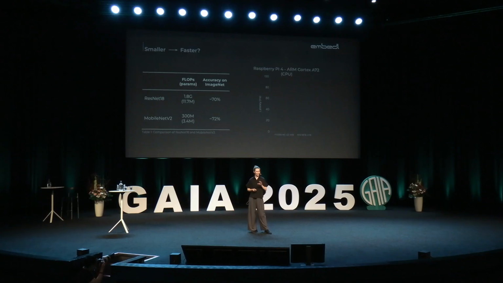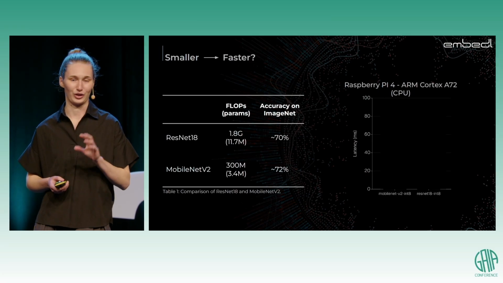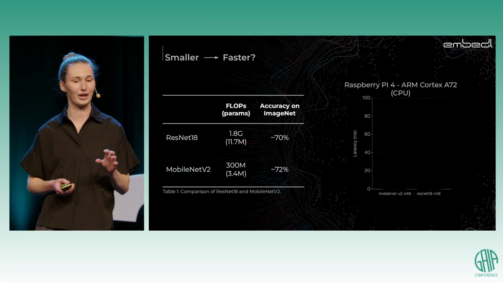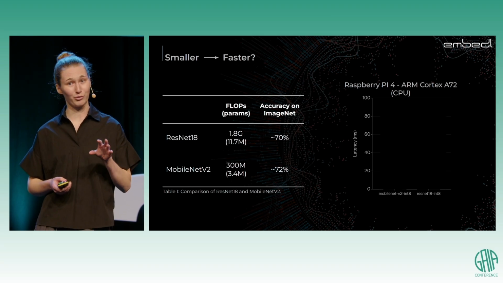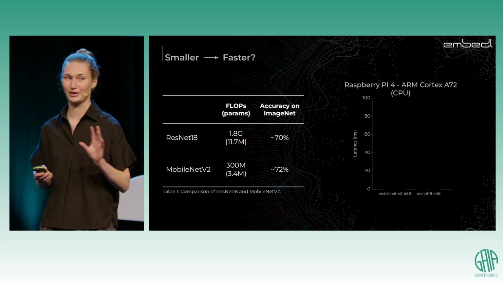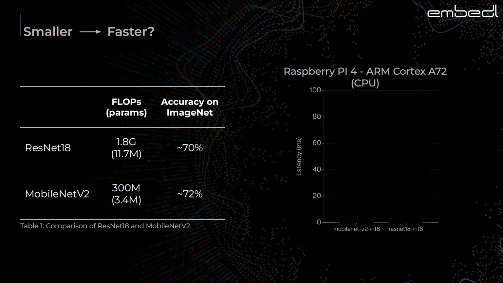And I want to look at an example in the computer vision area. You're maybe familiar with ResNet 18 and MobileNet v2, both of them being quite popular, nowadays relatively old, but still widely used vision models. By themselves, they are often used for image classification.